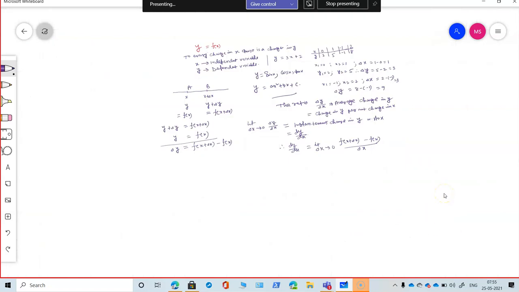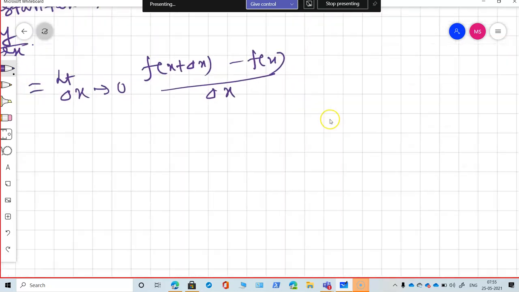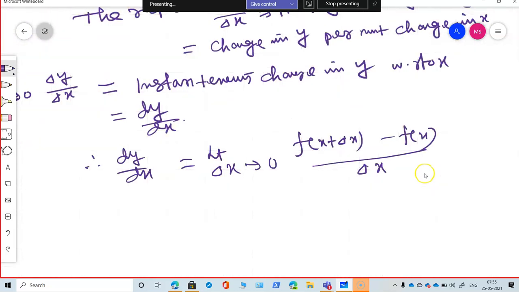That function may be anything, trigonometric function, algebraic function, but we'll remember this thing as the rate of change of y with respect to x, or instantaneous change in y with respect to x. Instantaneous means very small change in x.